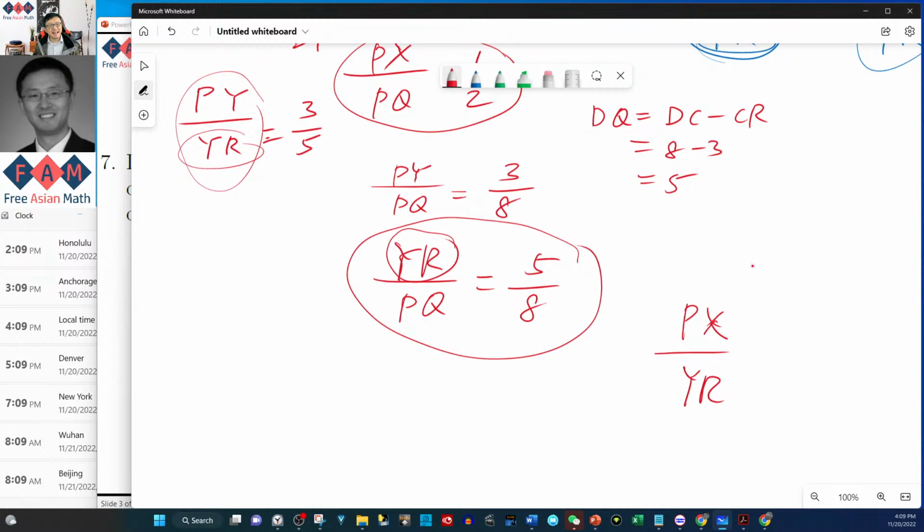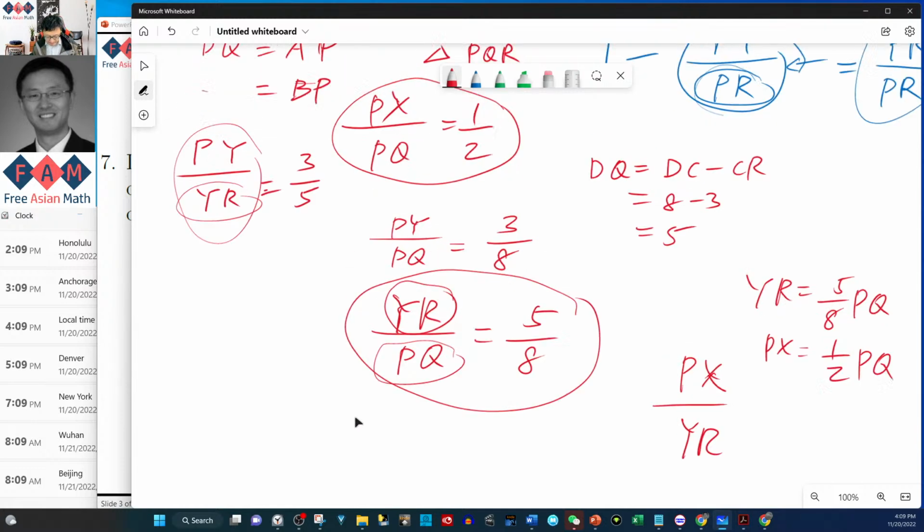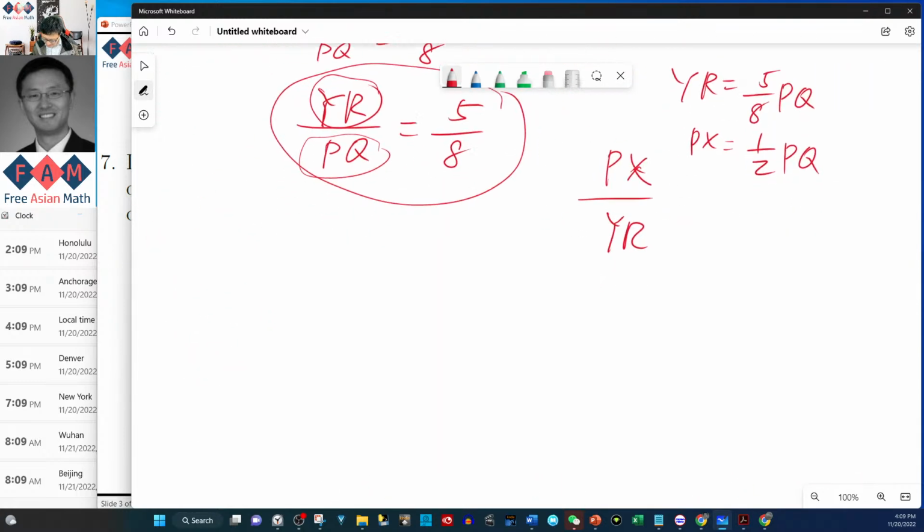We can get that ratio from a common denominator because PQ is the total, like I said, 8 here, not numerical 8, but 8 parts. So YR equals 5/8 of PQ, and PX is just 1/2 of PQ, right? Remember, PQ and PR are the same.